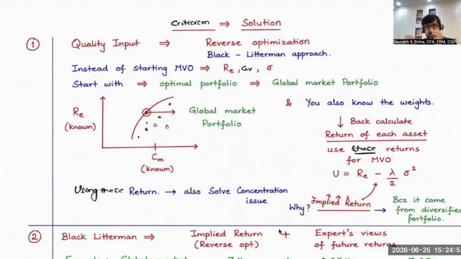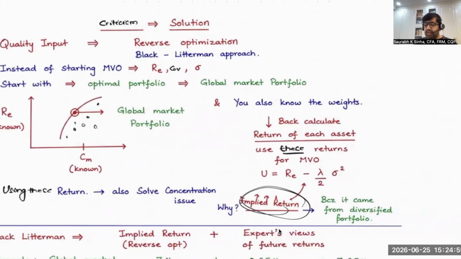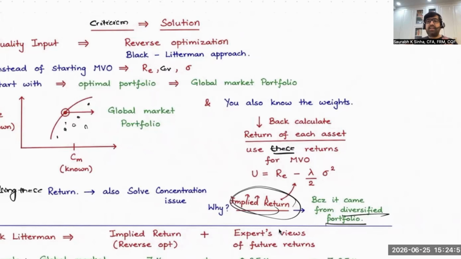So therefore, the return that you're calculating, the implied return, is already respecting the diversification benefit. So you cannot have any estimate of any asset with the highest Sharpe ratio. So it also solves the issues of the concentration risk that happens in the simple mean variance optimization approach.